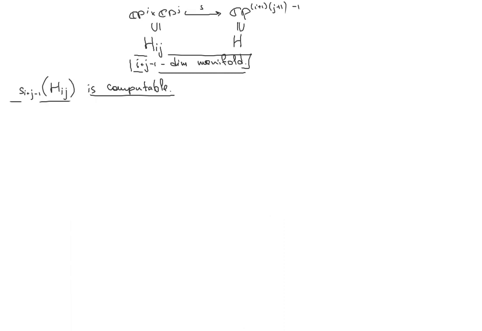It's c(O(1)) plus c(O(1)) on CP^i and CP^j. Okay, so we know the normal bundle. We know the tangent bundle of the ambient space. Now we just take the Chern classes of the latter divided by the Chern classes of the former, and we get the answer.